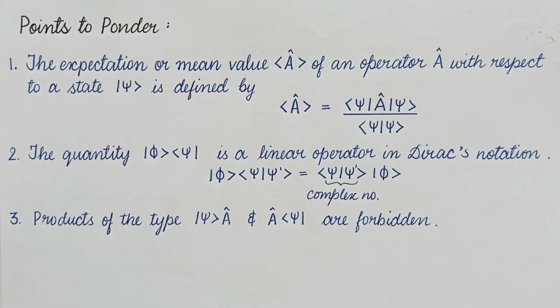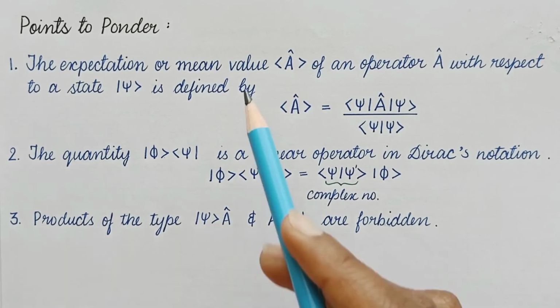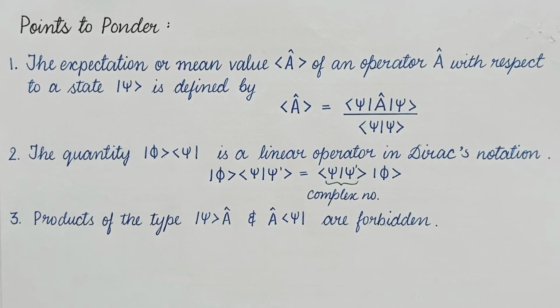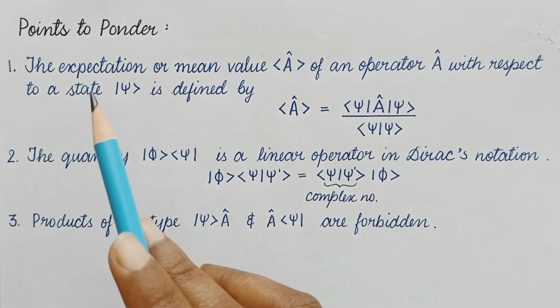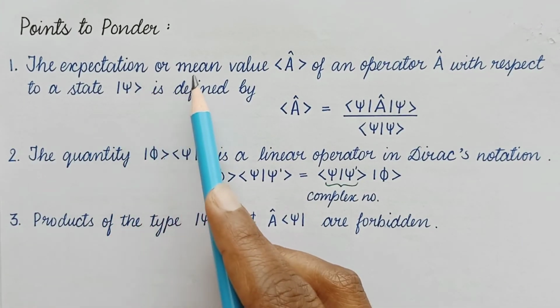Now we have reached the last topic, that is points to ponder. What does ponder mean? To think about something carefully. So these three points are remarks for you. The first one is the expectation or the mean value.